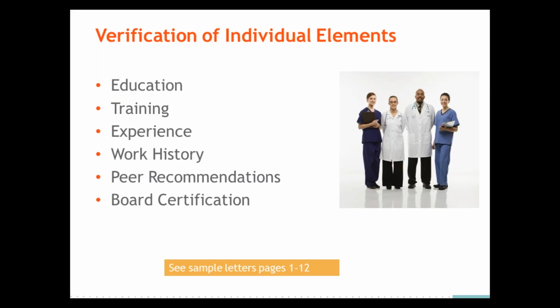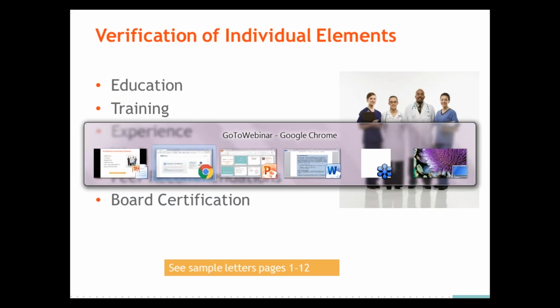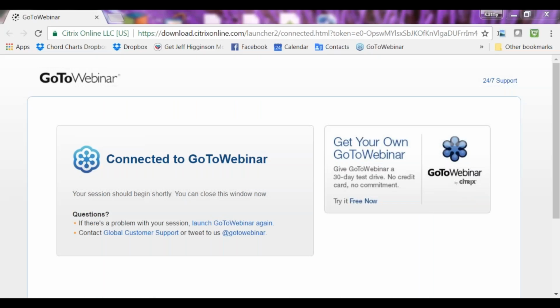One thing I want to mention about the training program form is that a group of people got together and determined what needed to be included. I'm going to pull this up here, the sample letter for verification of training.